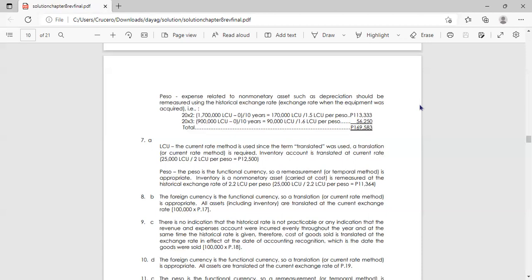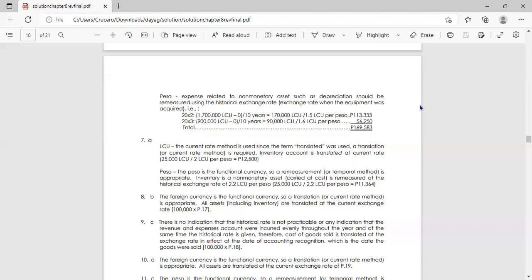Then we go to numbers 8 and 9. Subsidiary of SB Incorporated is located in a foreign country whose functional currency is the foreign currency.